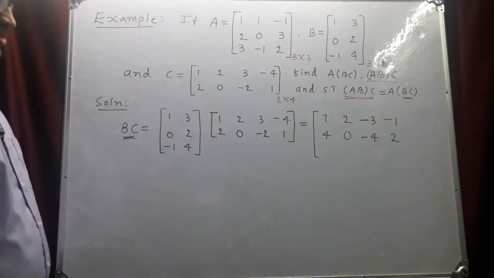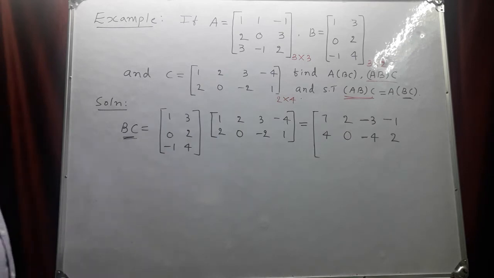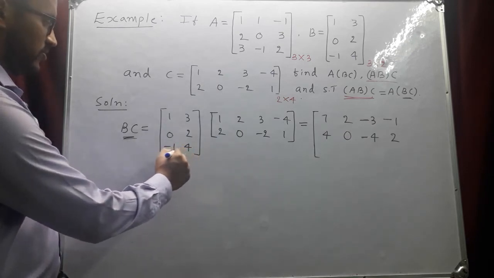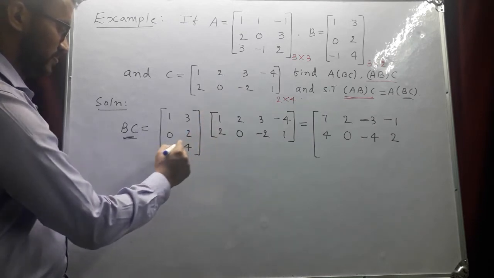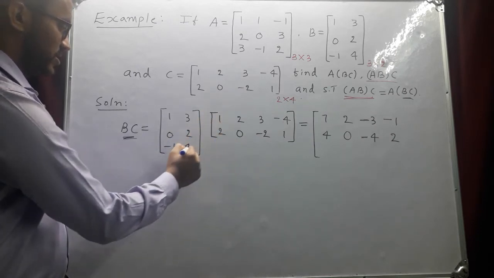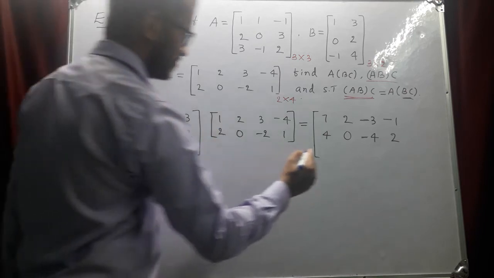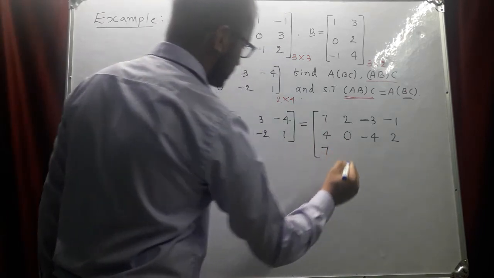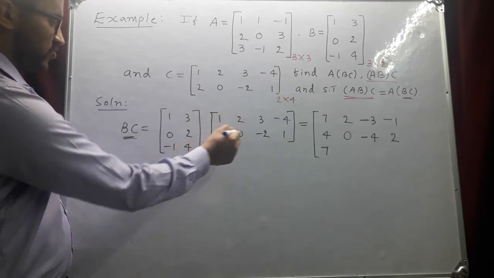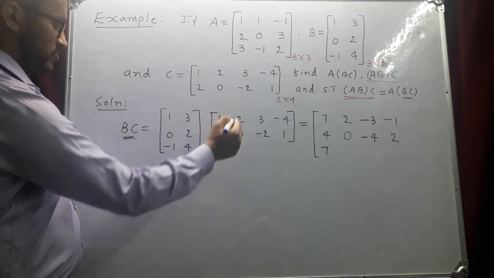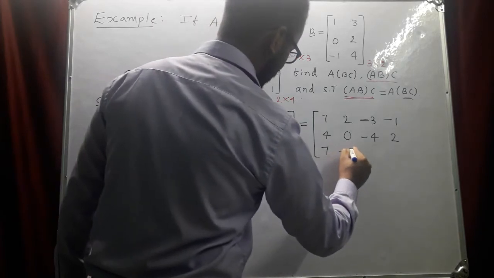Next we should obtain the third row. So consider the third row with different columns. Third row, first column, minus 1 plus 8, so that is 7. Minus 1 into 2 plus 4 into 0, that is minus 2.